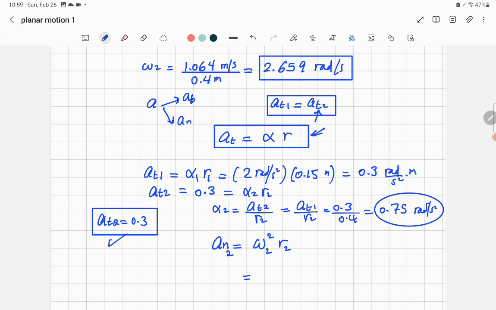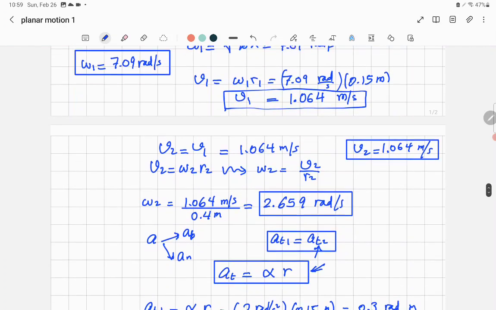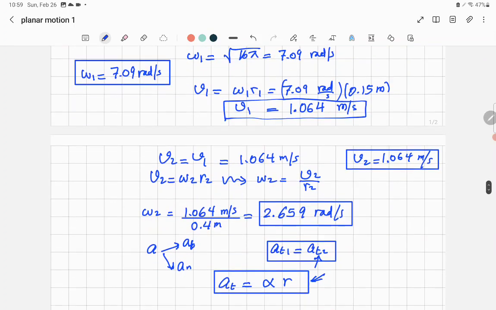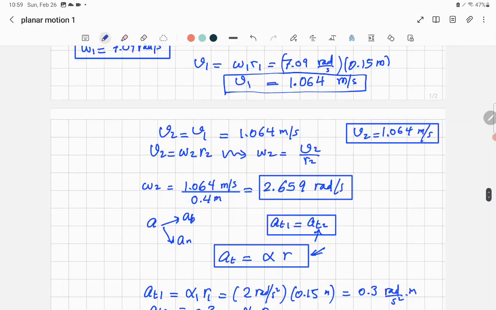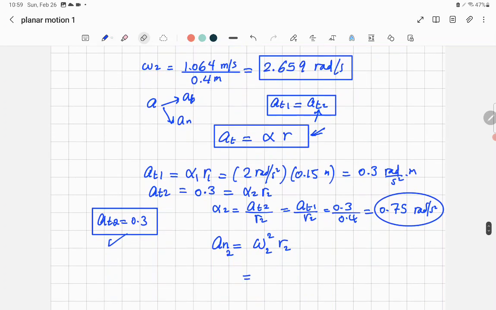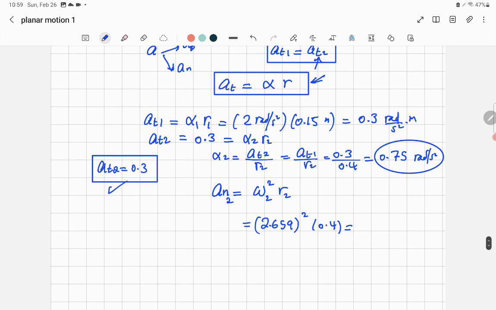Yes, I have omega 2, which is equal to 2.659. So 2.659 squared, and the radius is equal to 0.4. We get the normal component, which is equal to 2.827 meter per second square.